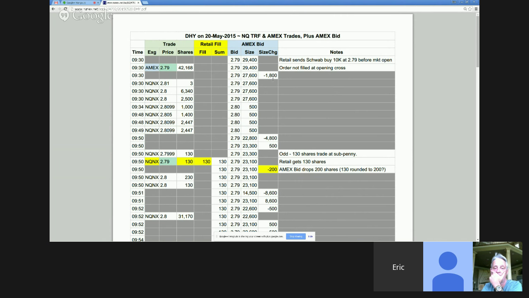This column here is the size change, so we can see if there's any orders added or subtracted. Over here on the left are the results of trade executions, and I'm only going to show trade executions on the American Stock Exchange and what's labeled here as NQNX, which is a dark pool. We don't know what dark pool. You with me so far?